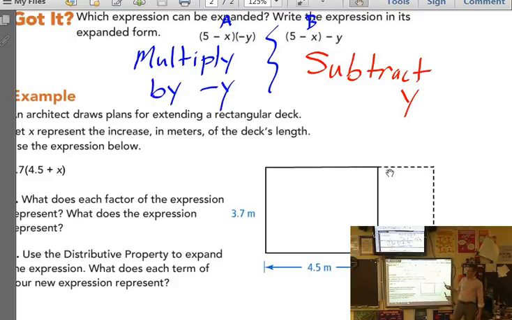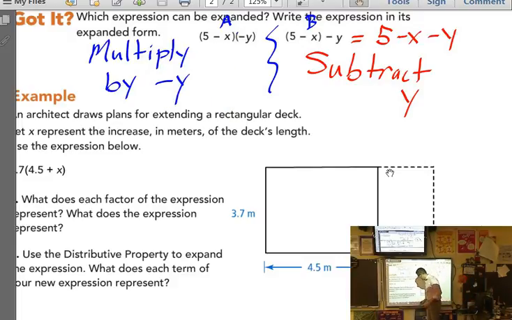If you want to expand it, you have to choose the first one. This can't be expanded. The only thing I could do to this is rewrite it 5 minus x minus y. That's all it comes into. This would actually become negative 5y plus xy. If you care to know what it becomes, that's what it actually becomes.